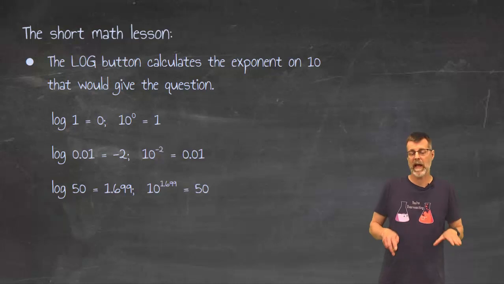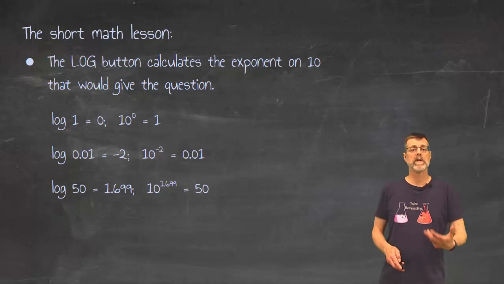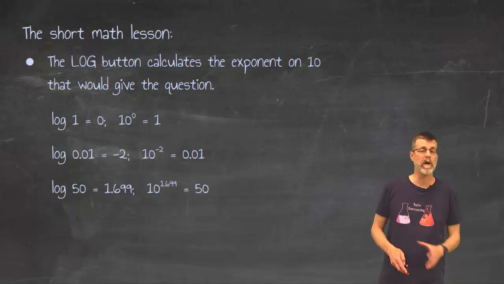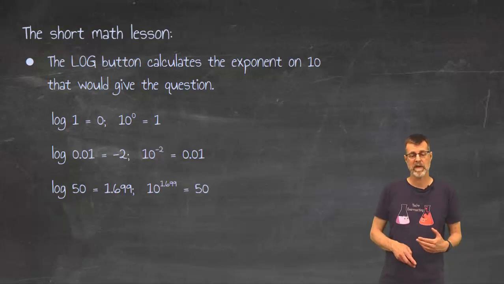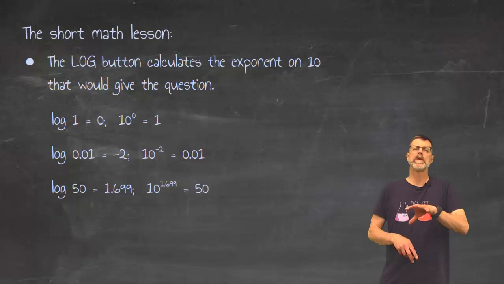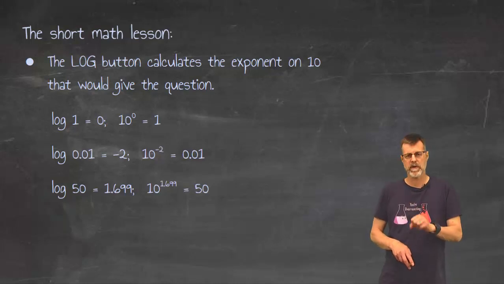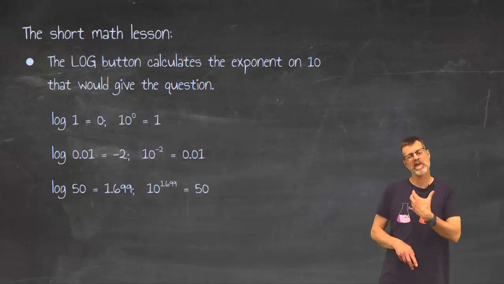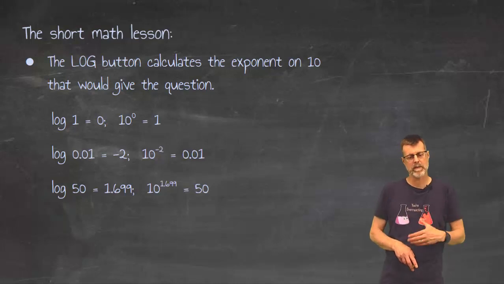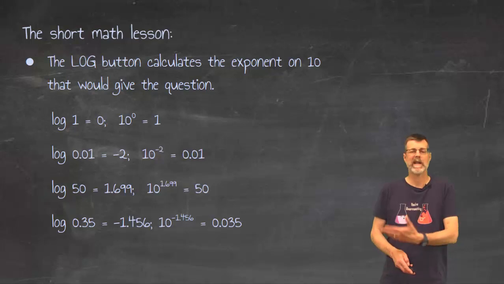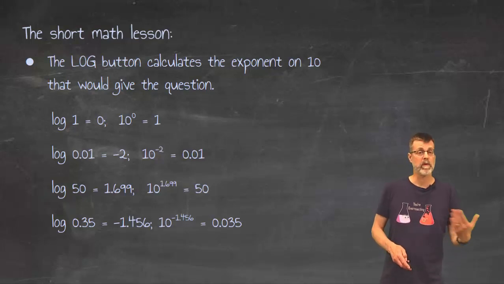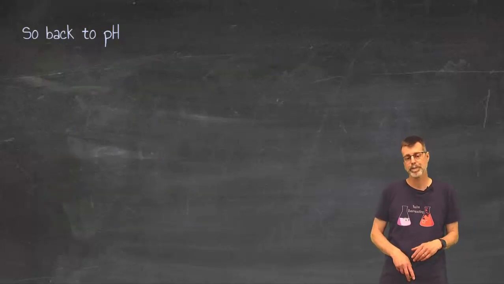I can do that for any number, not just nice ones like 10, 100, 1000, 1 million, or 0.00001, because some exponent on 10 would give me that number. We usually use fairly small concentrations for acids and bases, so I've got that negative log in there so that my pH values come out as positives.